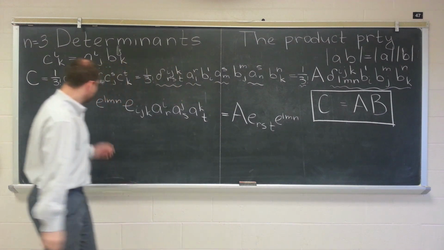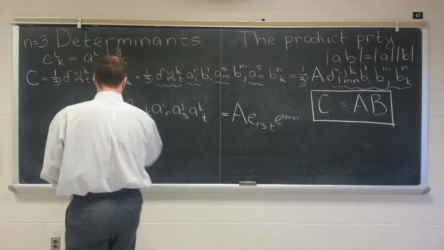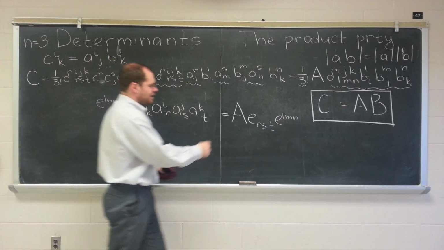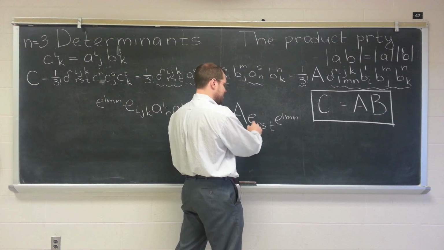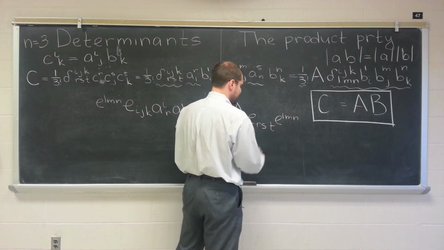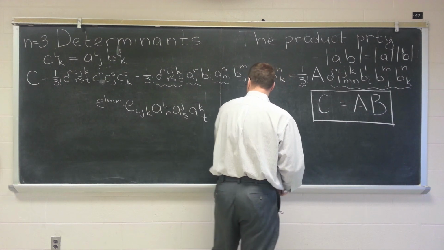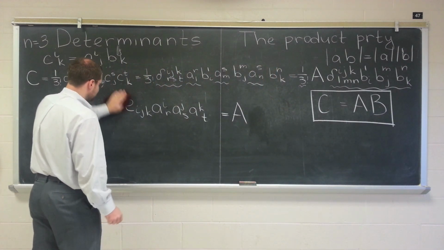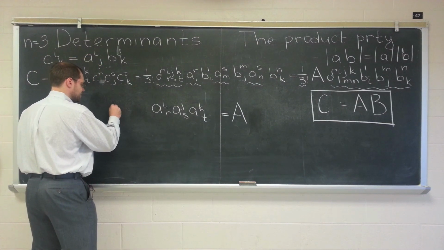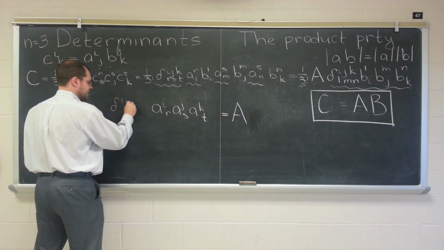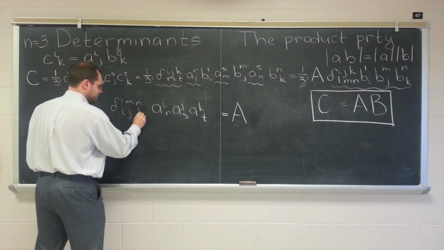ELMN here. And of course, these two permutation symbols combine to give a delta system, LMN IJK. And these two permutation systems combine to give delta ELMN ERST. So let's put that in and realize that this is precisely the relationship that I used above. Delta LMN IJK.